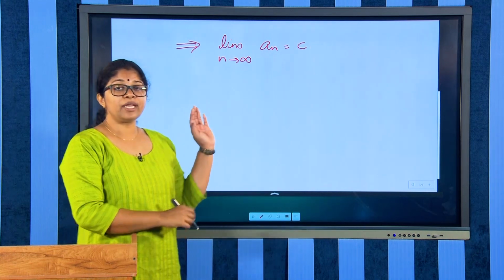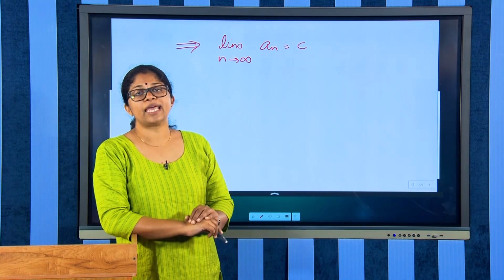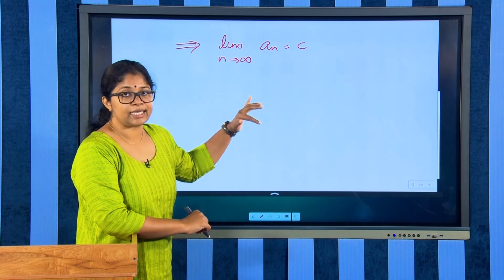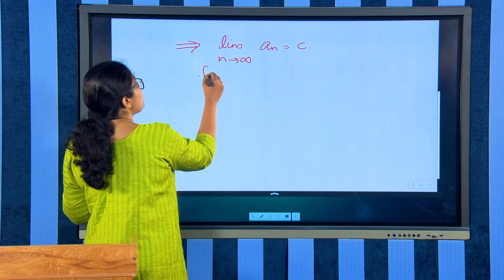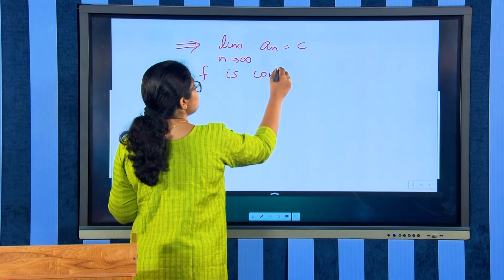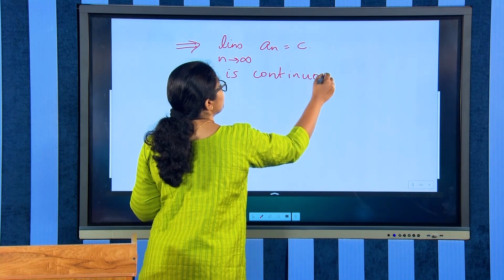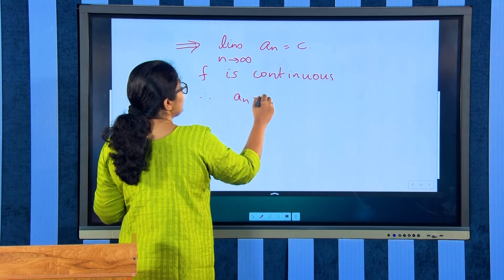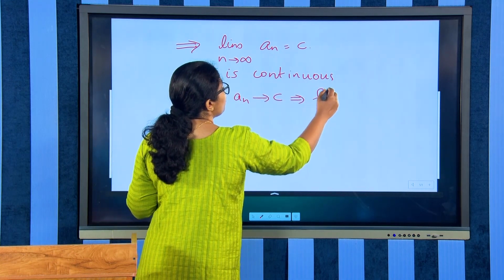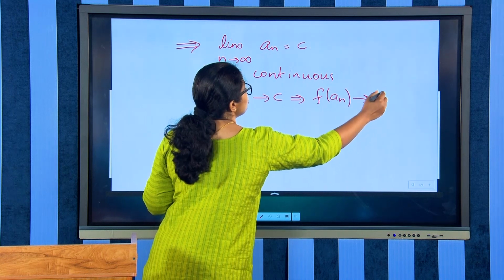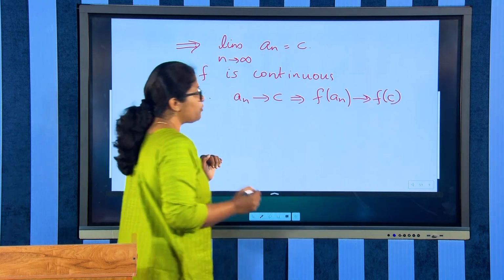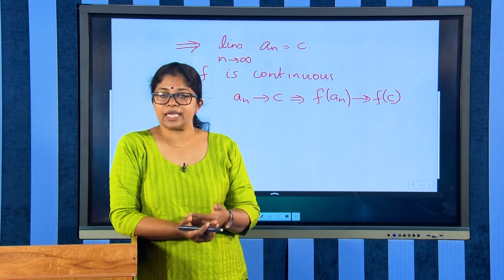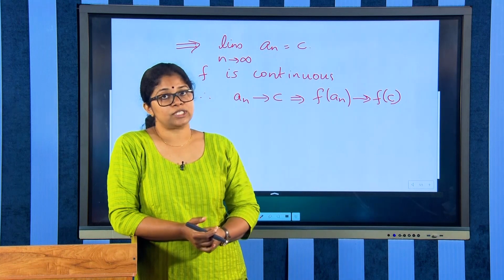Now we are given in the beginning in the statement itself that f is a continuous function. So because of the sequential criterion of continuity, since f is continuous, An converges to C implies f of An converges to f of C. And if you remember, we have studied a result: if we have a sequence of negative terms, it cannot converge to a positive term.